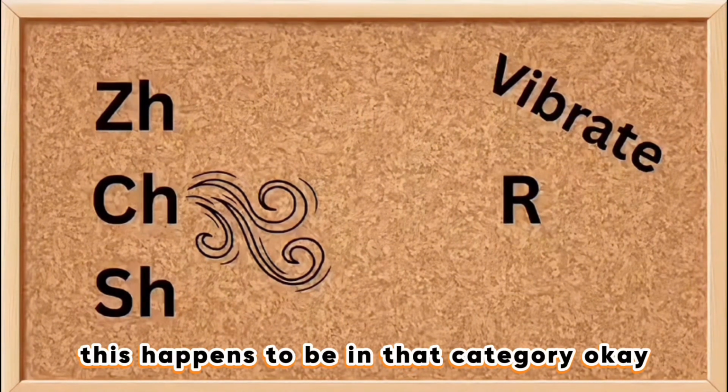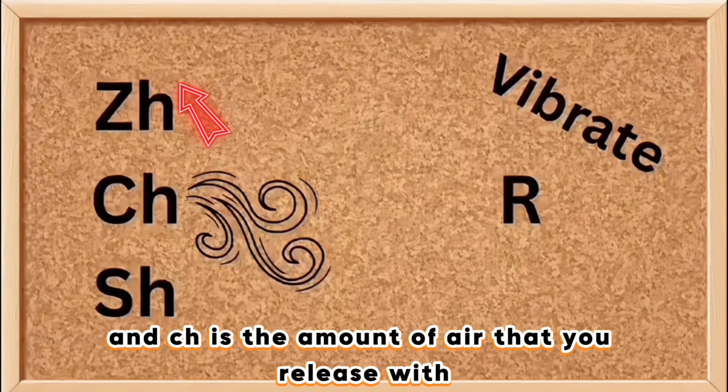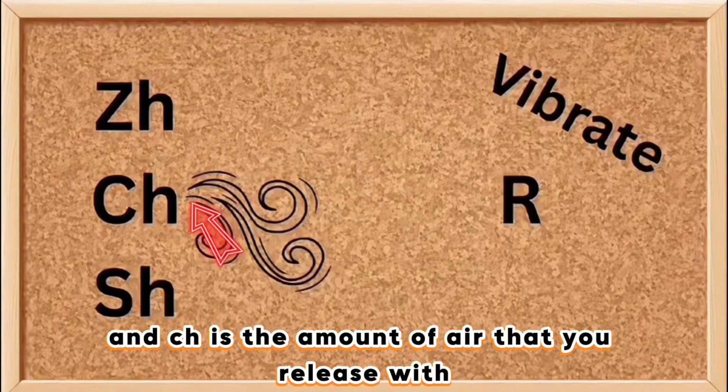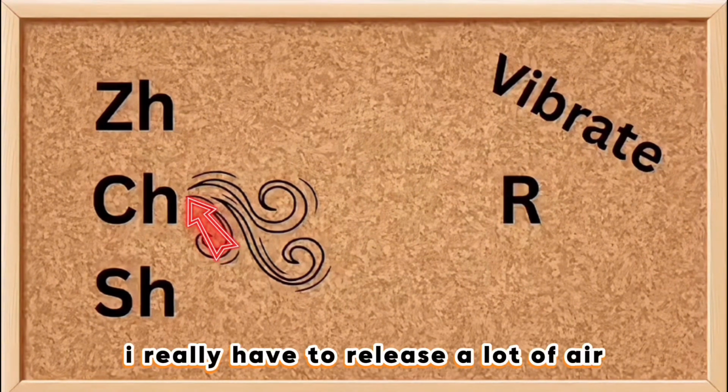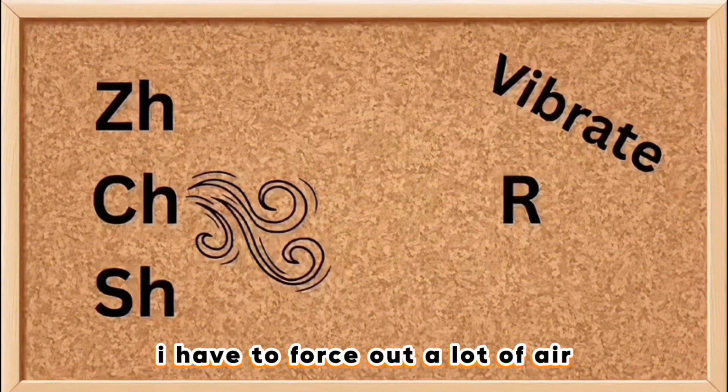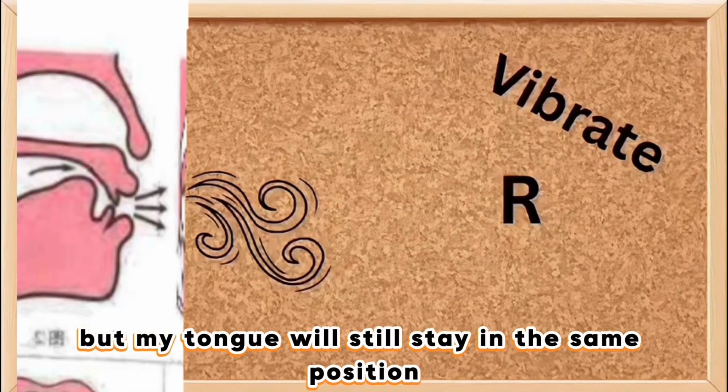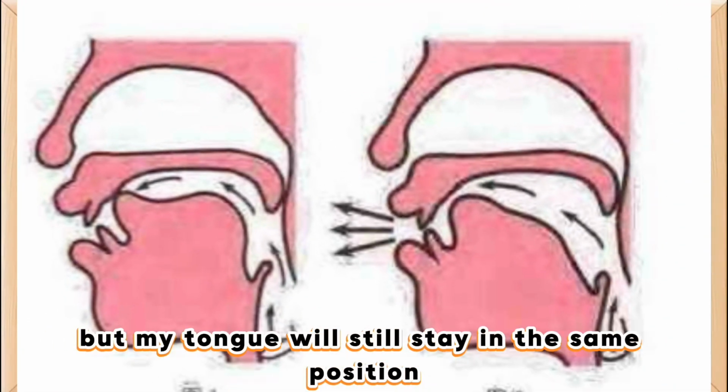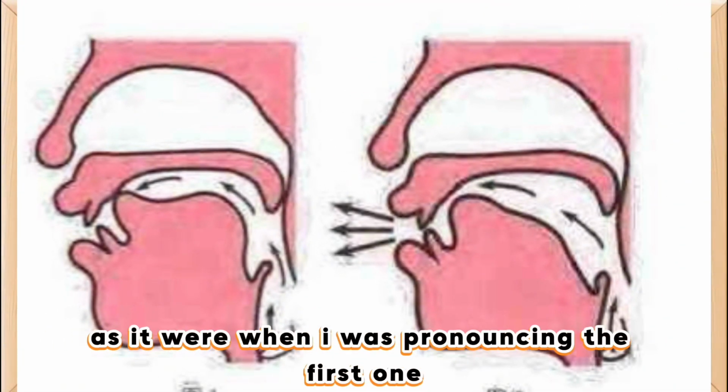Now this happens to be in that category, okay? So the difference between zh and ch is the amount of air that you release. With ch, I really have to release a lot of air. I have to force out a lot of air, but my tongue will still stay in the same position as it were when I was pronouncing the first one.